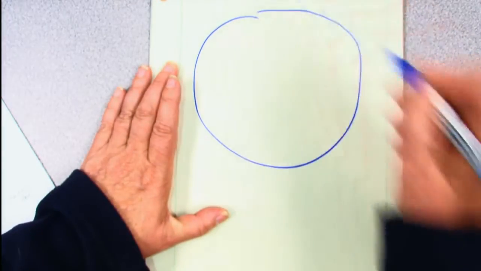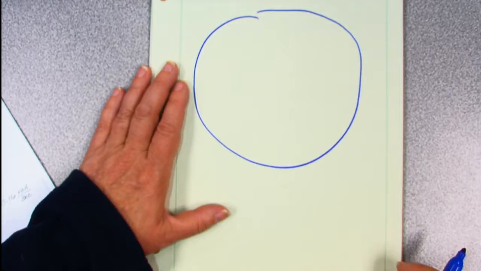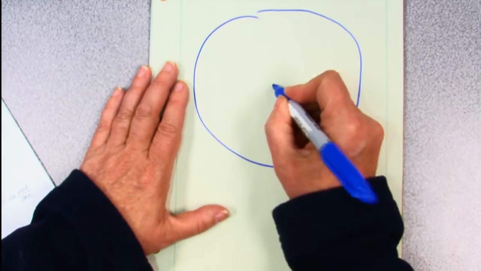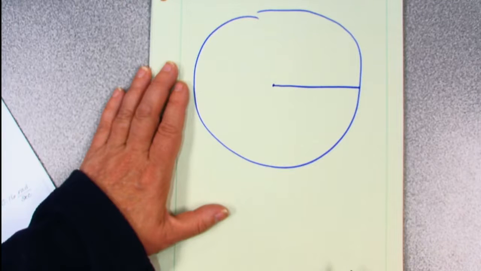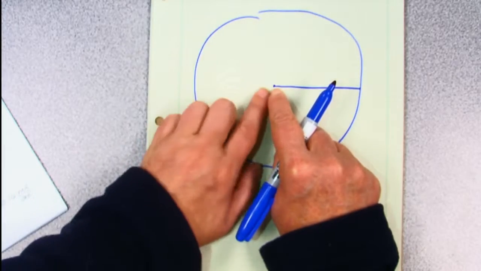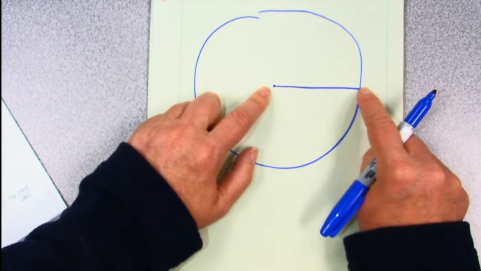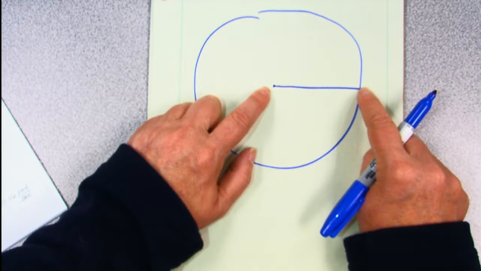If I'm on a carousel with carousel horses, or if I'm doing a quadrille where I've got a person in the middle and a person out here, or I'm turning a variety of things.